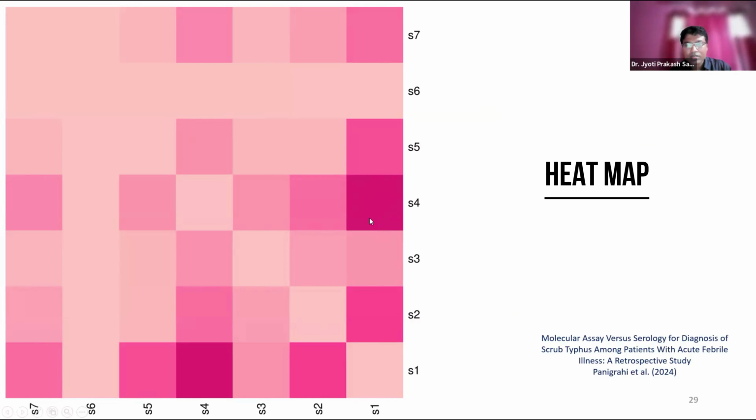That means the association is stronger. There is higher co-occurrence of fever and cough. These are diagonally symmetrical. Just put a diagonal and they are diagonally symmetrical. It shows the association or co-occurrence of different symptoms.